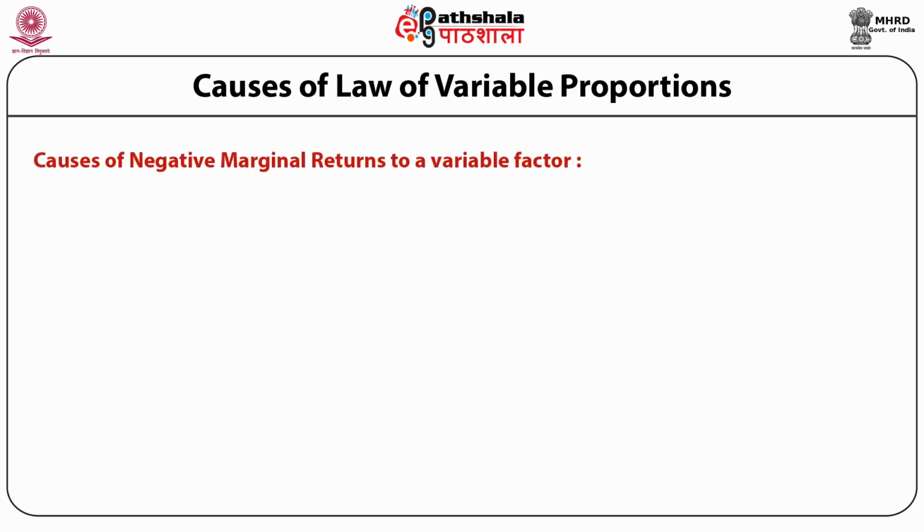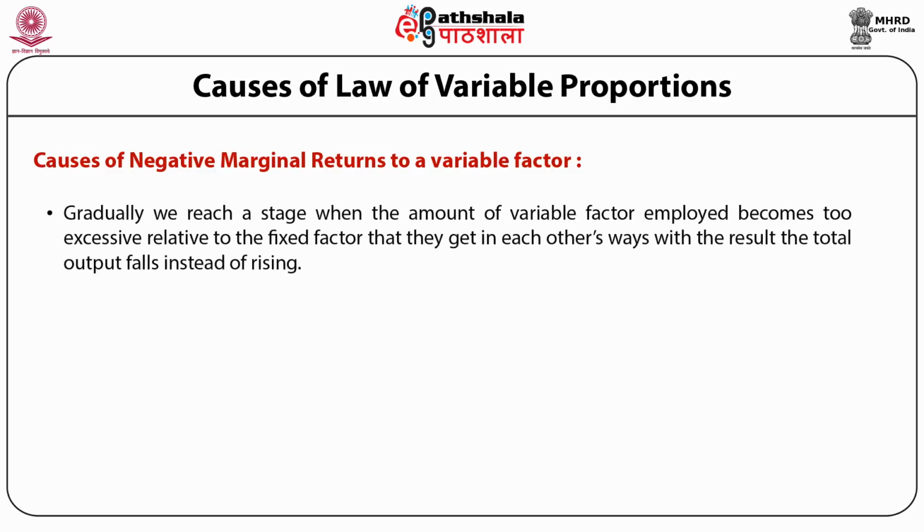Causes of negative marginal return to a variable factor. Gradually, we reach a stage when the amount of variable factor employed becomes too excessive relative to the fixed factor that they get in each other's way, with the result the total output falls instead of rising.